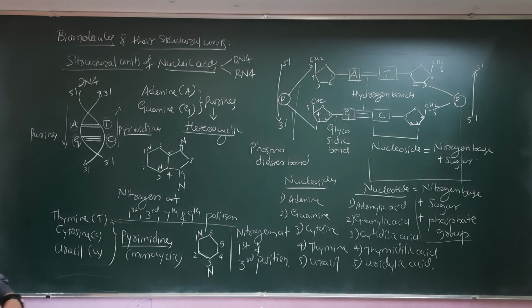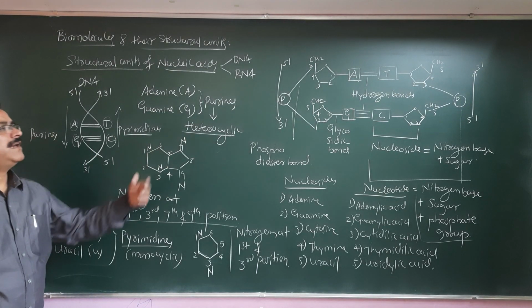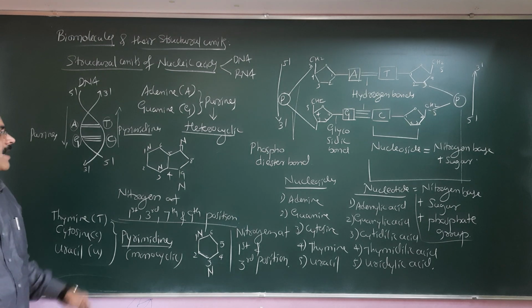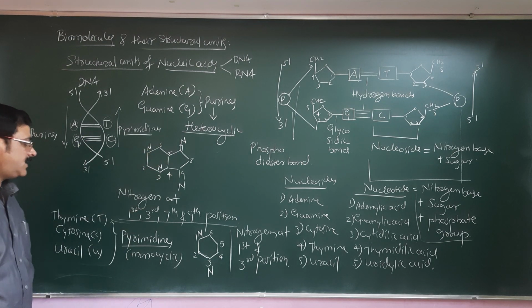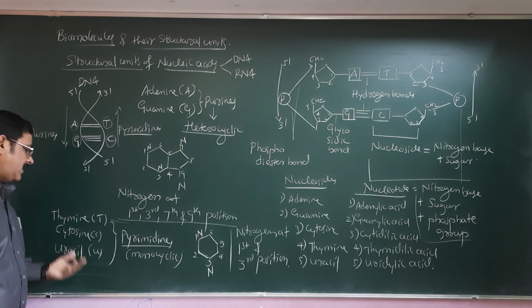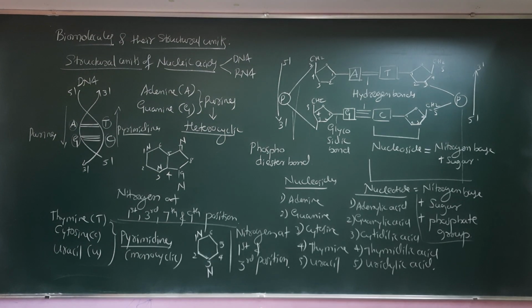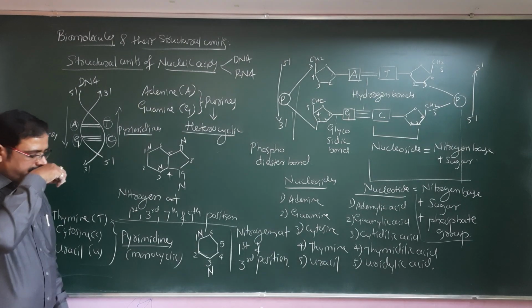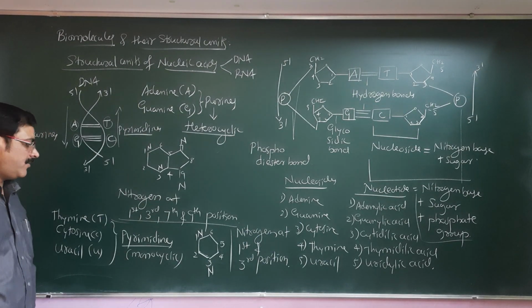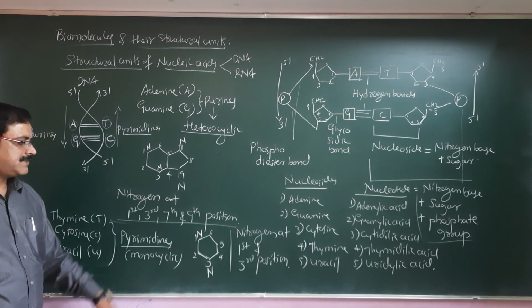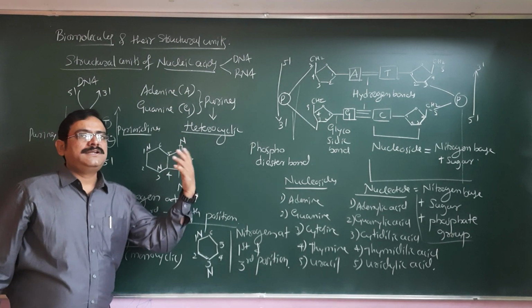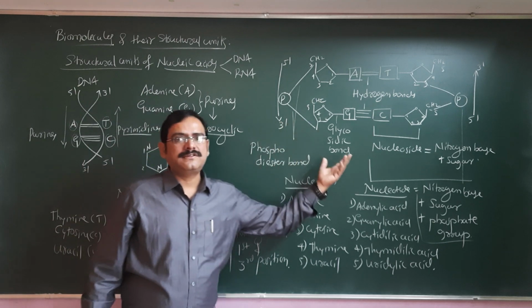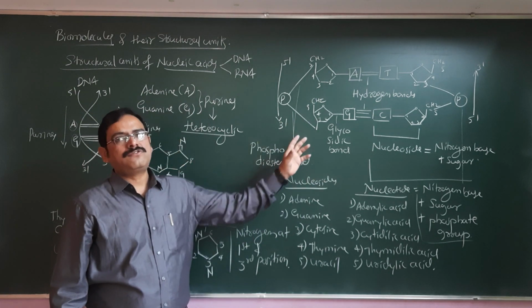Adenine and guanine are the purines, heterocyclic compounds having nitrogen at the first, third, seventh and ninth positions. Whereas thymine, cytosine and uracil are the pyrimidines, monocyclic compounds having nitrogen at the first and third positions. Then, how are they attached to one another?